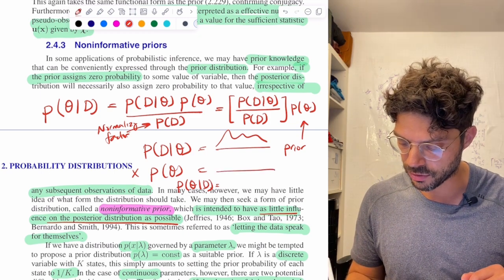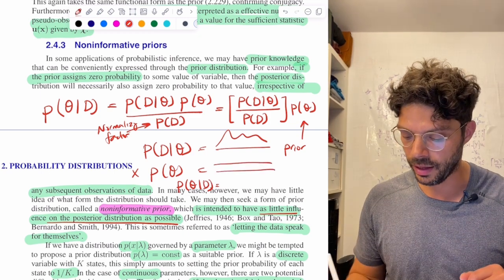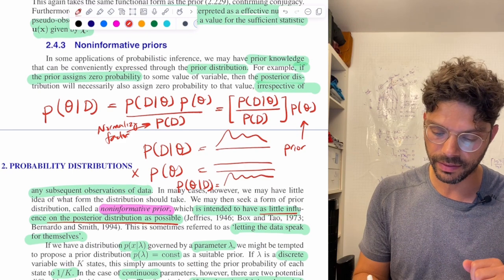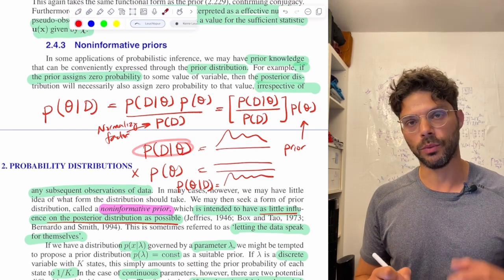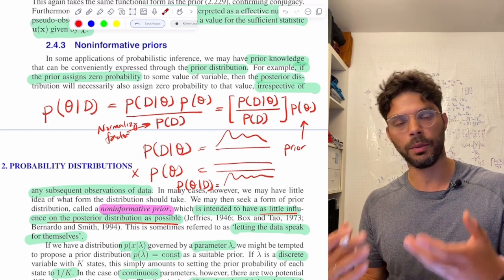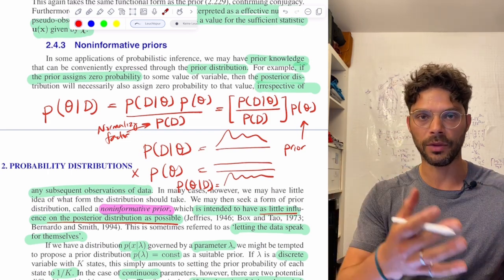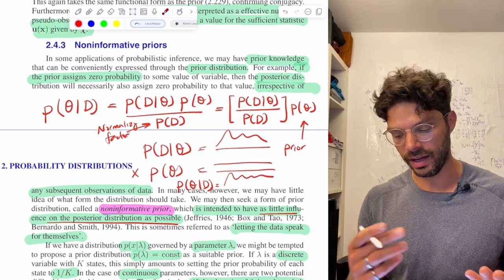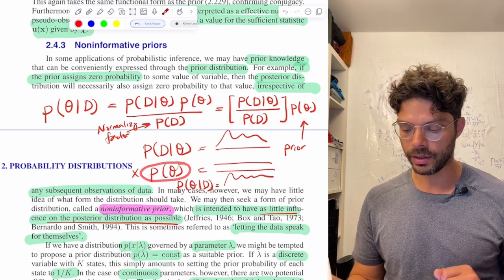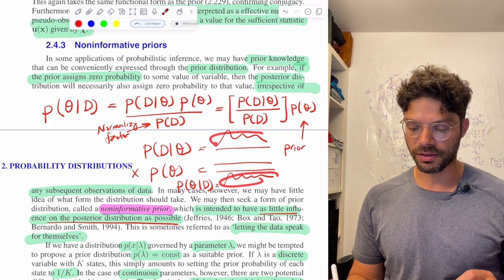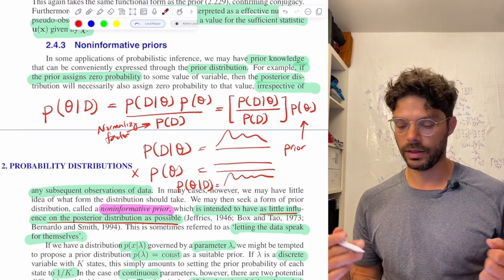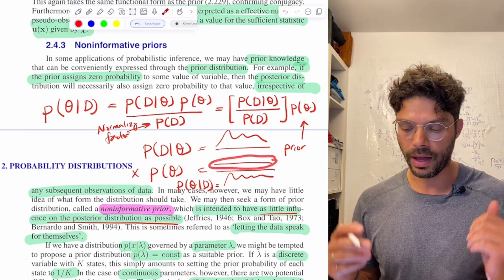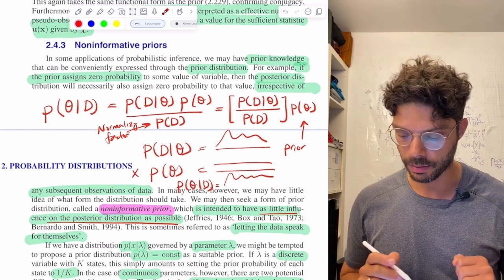So if we had a prior in this case, for example, that looked like that, then the posterior would look just like the form it had when we just considered the likelihood, when we just considered the influence of the data alone, and didn't bring the prior in. So the posterior in this case looks just like the likelihood, and sometimes we actually want that property. So we're going to talk about very briefly why we might want that, and then how to achieve this, and how and why doing so can be problematic sometimes.